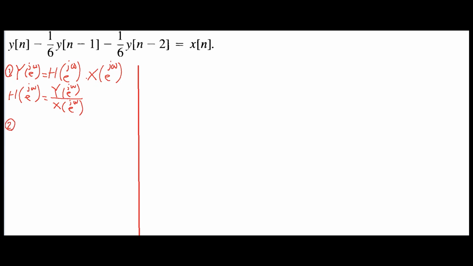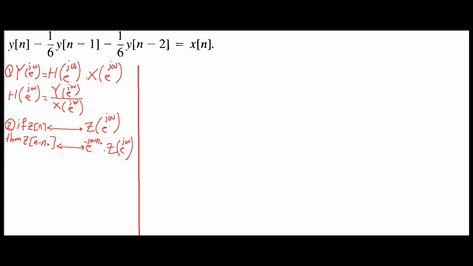The second point is that if a signal z[n] has the Fourier transform Z(e^{jω}), then the signal z[n − n0] has the Fourier transform e^{−jωn0} multiplied by Z(e^{jω}).